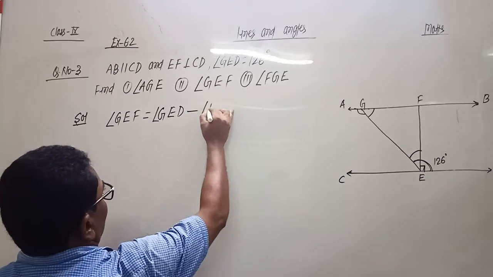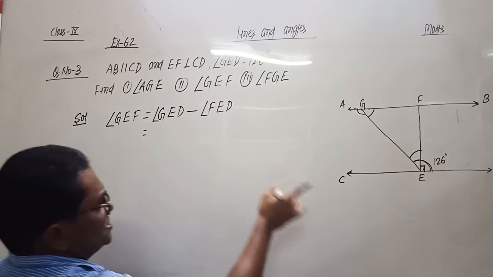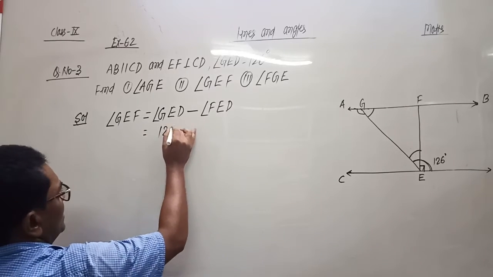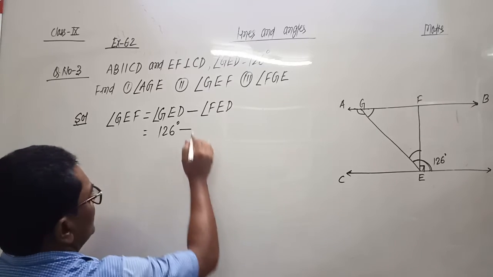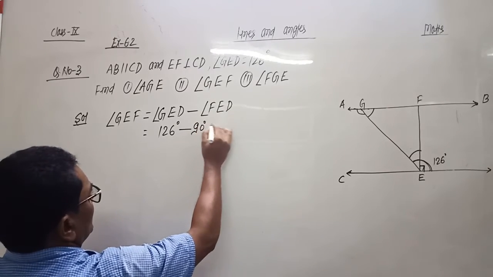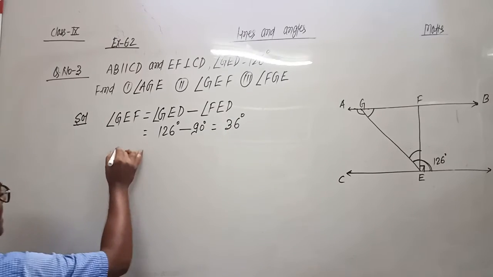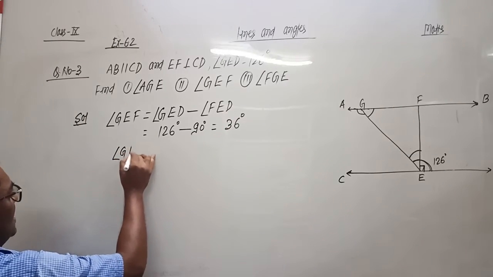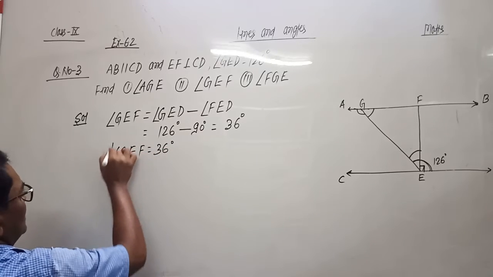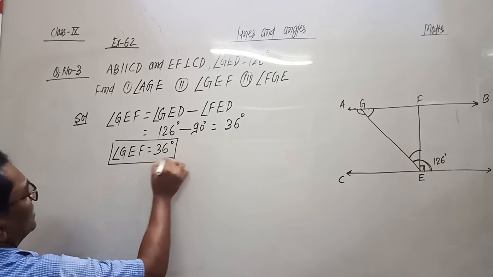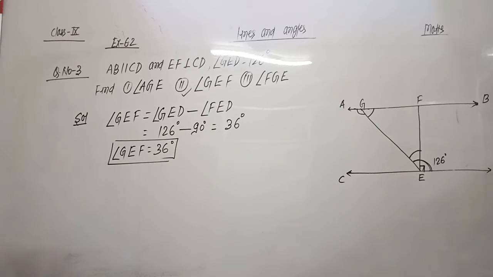Angle GED is 126 degrees and angle FED is 90 degrees. So we get 36 degrees. Angle GEF comes to be 36 degrees. So we have calculated the second part, angle GEF.